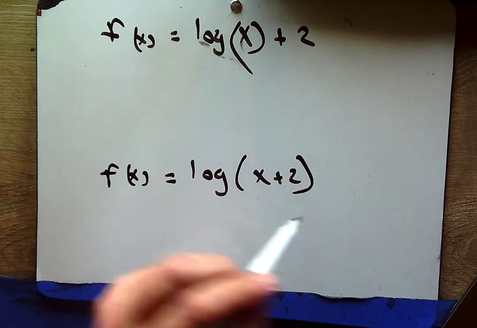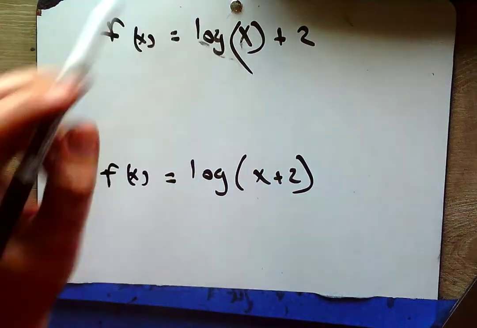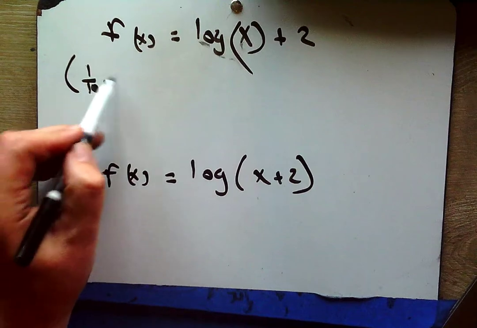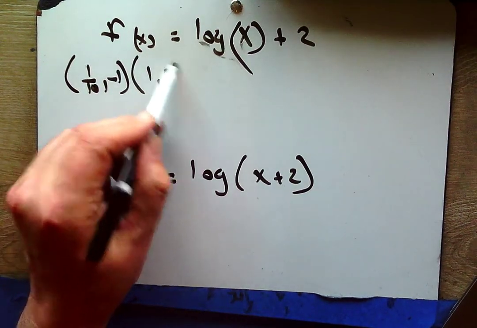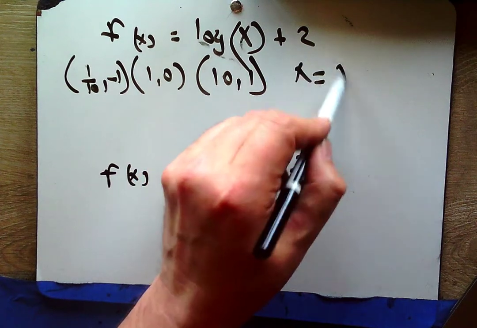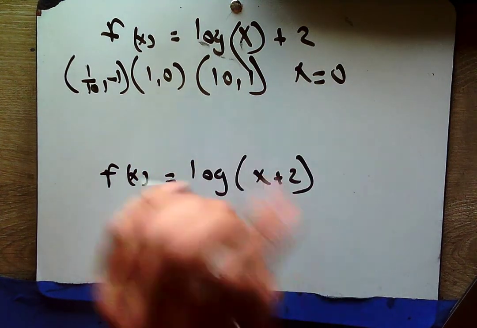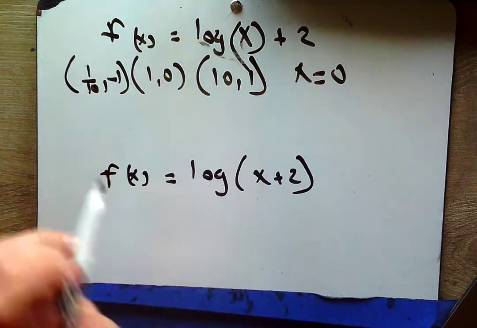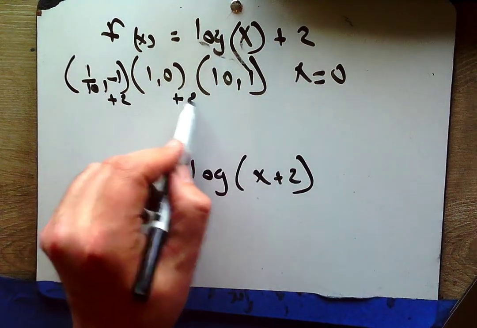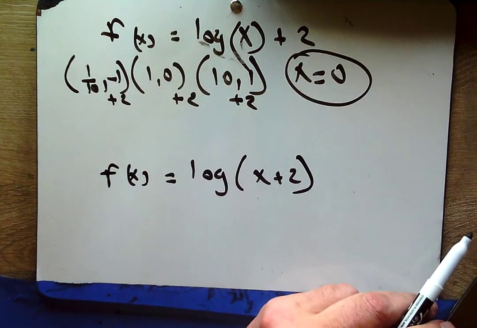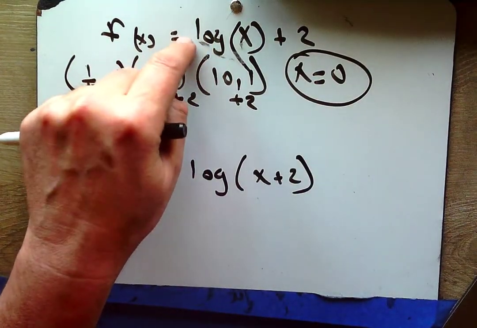10. Good. So if I think about this graphically, I've got my reference points, 1/10, negative 1; 1, 0; 10, 1; and x equals 0, the vertical asymptote. Well, I don't see any x transformations here, but I see a y transformation. Everyone moved up 2. But that didn't change where this was. And there's no reflection going on here.